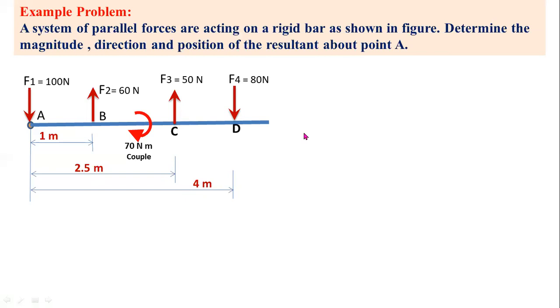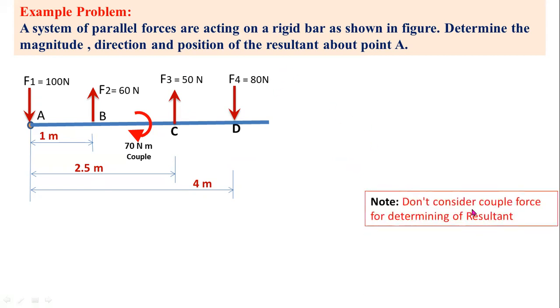The remaining forces are the same, only I consider this couple force. In a similar manner you have to find the magnitude and direction. There is no change in the answer. Don't consider the couple force for determining the magnitude and direction of the resultant.